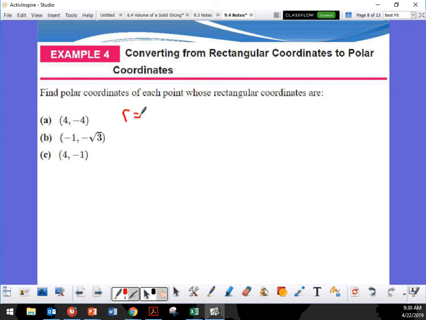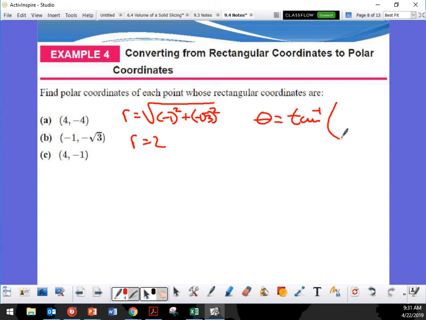So R is equal to square root of negative 1 squared plus square root of 3 squared, which is going to be 4. R is 2. Theta is inverse tangent of negative rad 3 over negative 1.